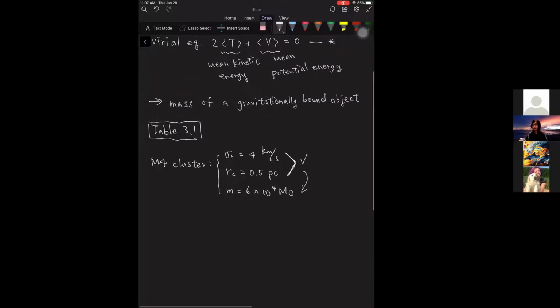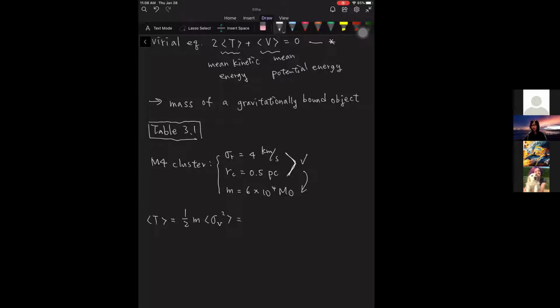So first we need the mean kinetic energy. Based on the ergodic hypothesis, the mean kinetic energy over time will be the same as the mean kinetic energy of all the particles in the system, right? So the mean kinetic energy will be 1/2 m times the average of sigma v squared.